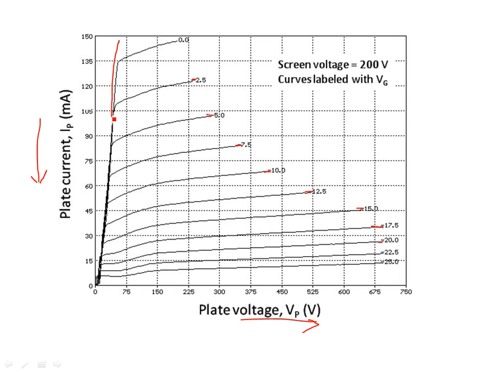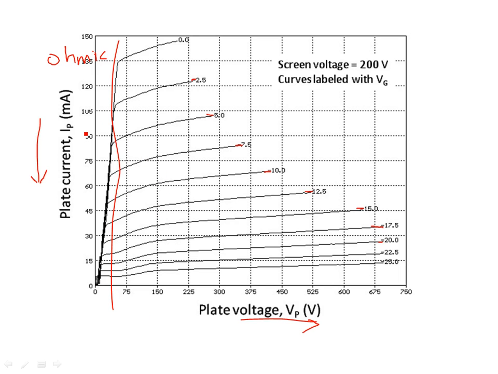So, for example, this region is your ohmic region. Okay, so this region is the ohmic region. Why is it the ohmic region? Because as you are increasing the plate voltage, the current is increasing. Okay, so more and more electrons flow from cathode to anode, and there's more current.